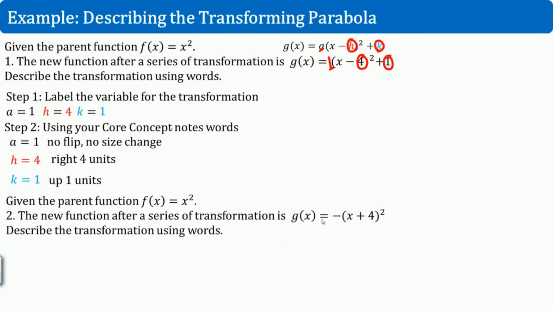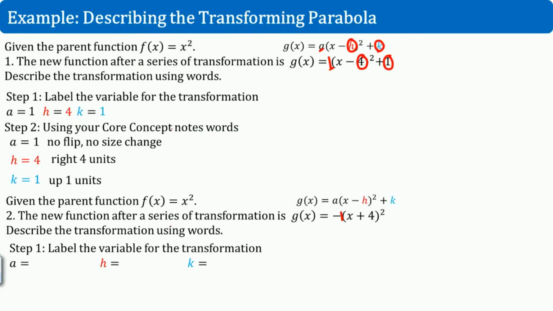Let's look at this now. The new function is negative parentheses x plus 4 squared. Describe the transformation using words. My a, which is in front, is negative 1 right here. Now the h: notice this is minus h, so there has to be a minus in front.